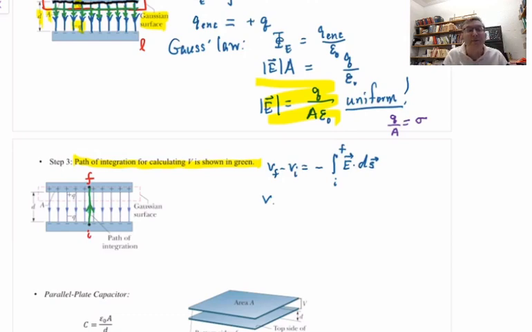There's my path over there, that green line. It goes straight up. So my ds is up, but my E is down. So when I do this dot product, to be technically correct, I need magnitude E, magnitude ds, times cosine of 180 degrees.